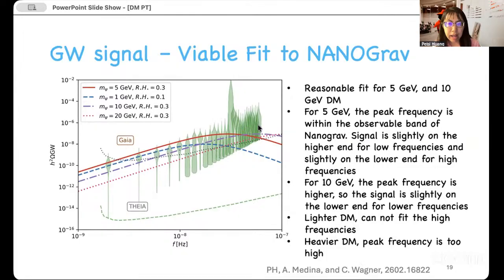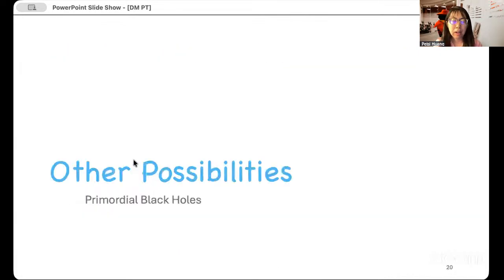And for the heavier dark matter, shown in this magenta, this pink one, the peak frequency is a little bit too high, so it's kind of hard to fit the signal for those lower frequency bins.